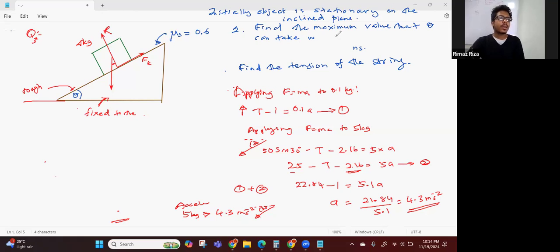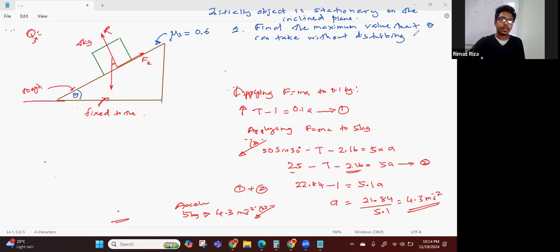Okay, and then find the maximum value that theta can take without disturbing the equilibrium of the object.